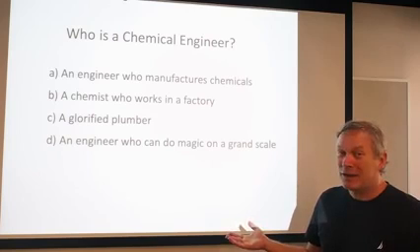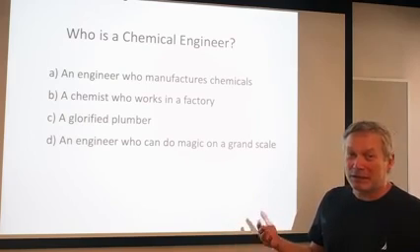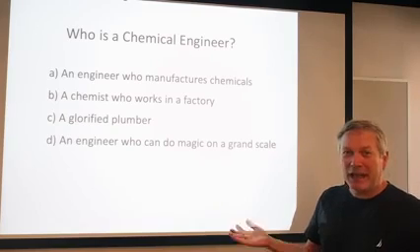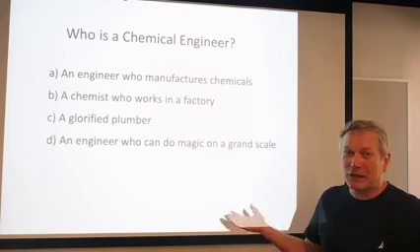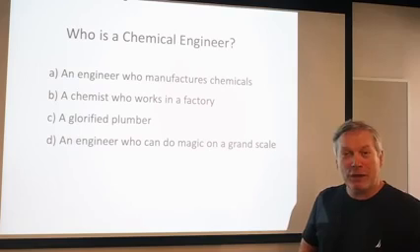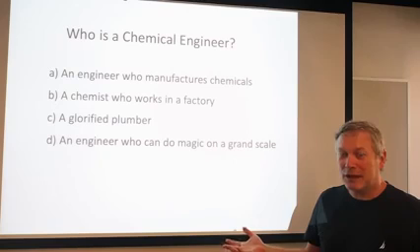The first one is a description of chemical engineering. Very descriptive, but is it really true? The second, well, any chemist can work in a factory, so that cannot be truly an engineer. C, a glorified plumber. Well, this is something that we do a lot in chemical engineering.